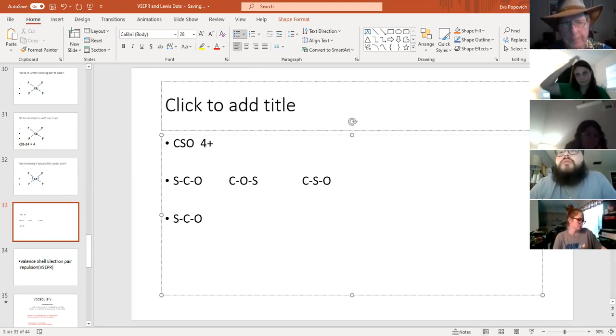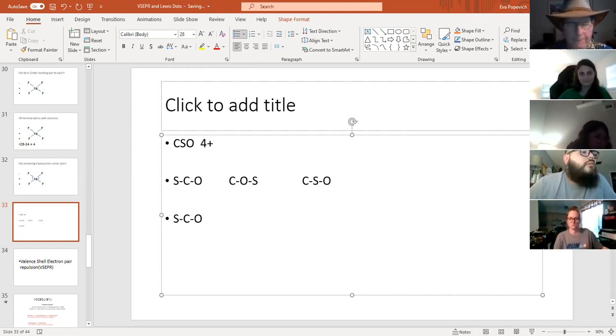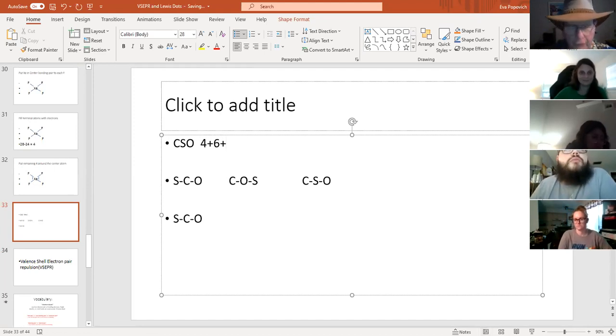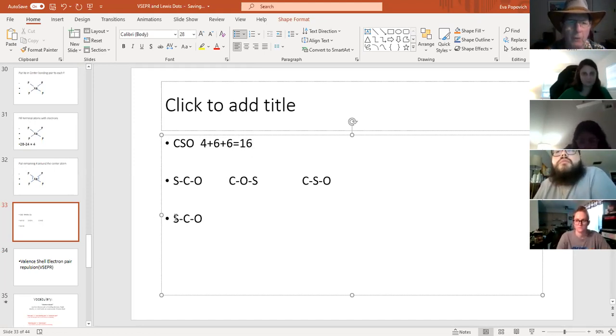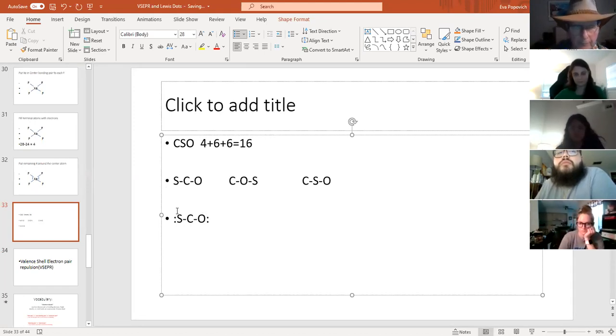Sulfur? 6. Oxygen? 6. So I have 16 valence electrons, correct? Correct. So if I'm doing this, I've got 12 left, right, guys? So I have to put them around the outer atoms, correct? Yes. Correct.